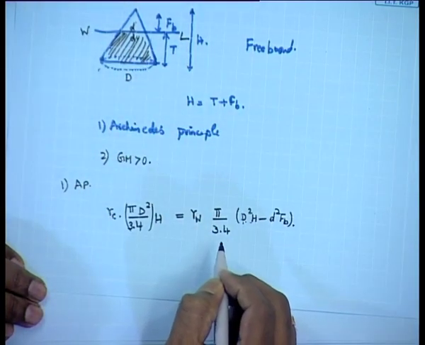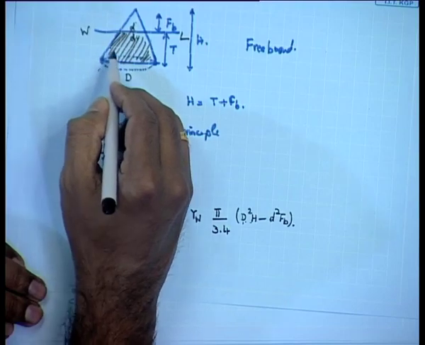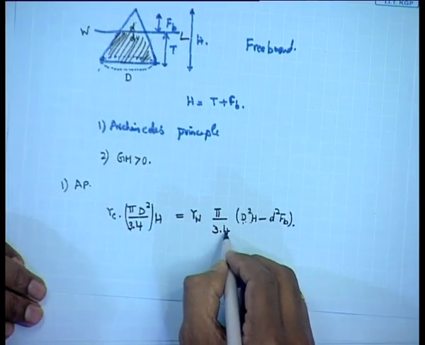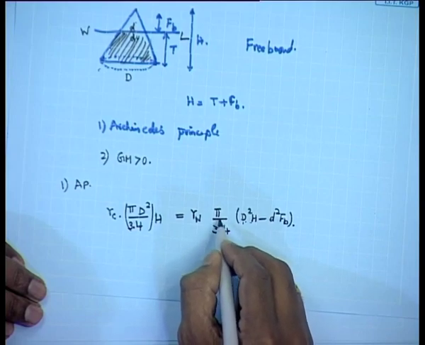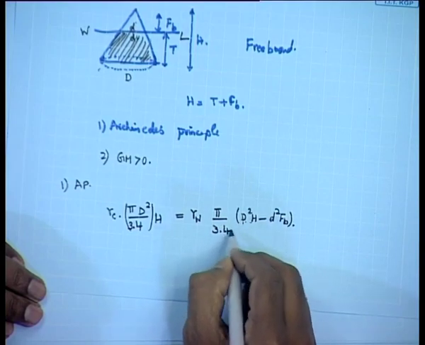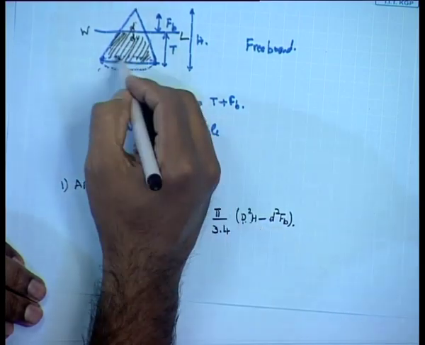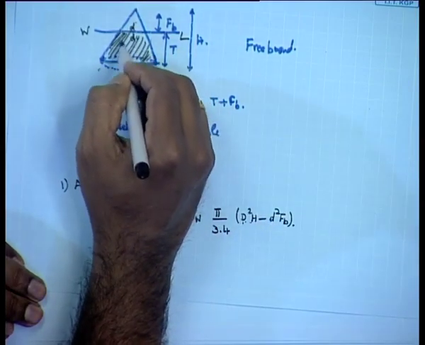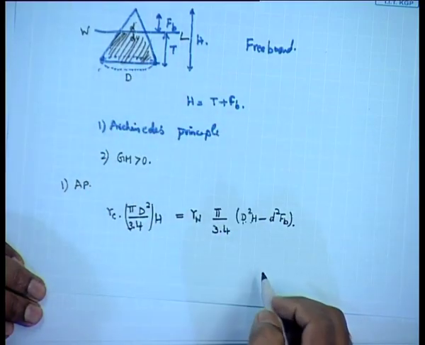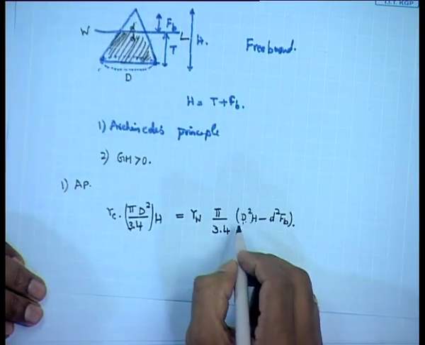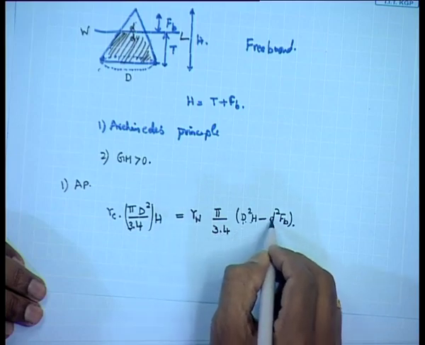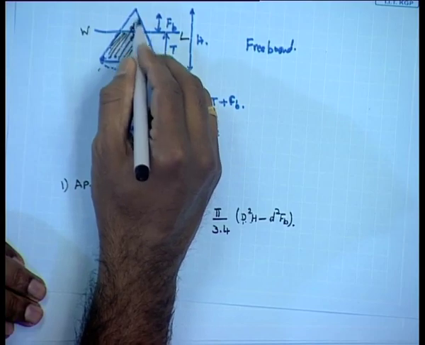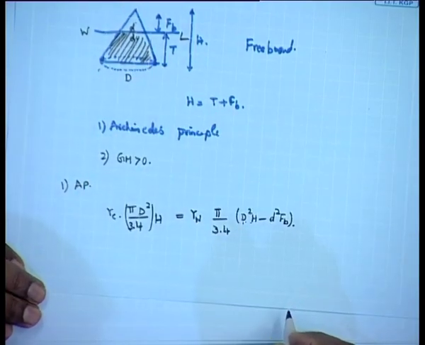So the total volume under the water line is 1 by 3 into pi d square by 4 h, the total volume, minus the volume of the top portion, which gives you the volume underwater, what we call displacement. So, pi by 3 into 4 d square into FB, where FB is this height, the freeboard.